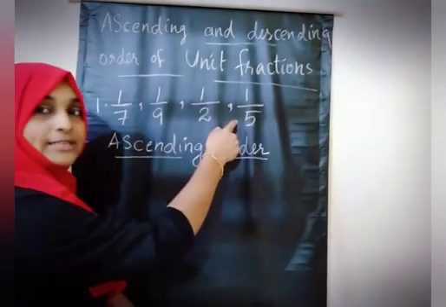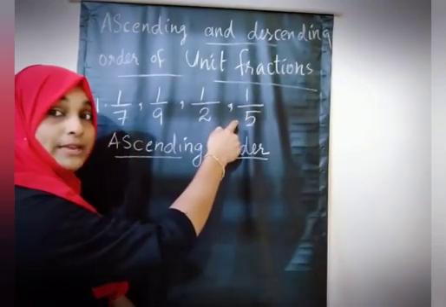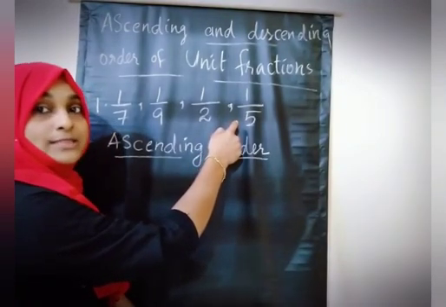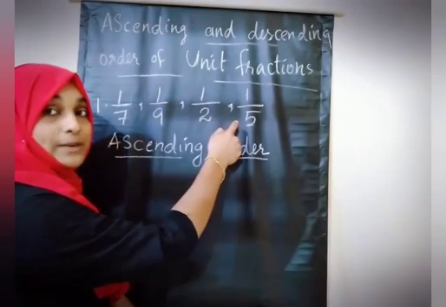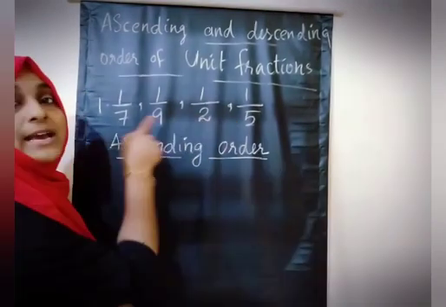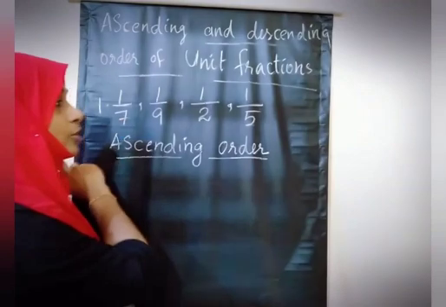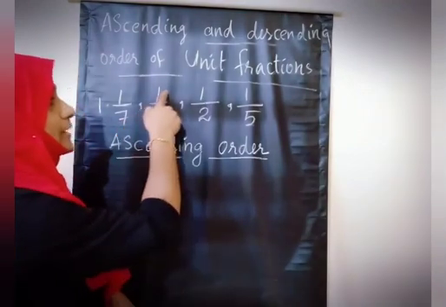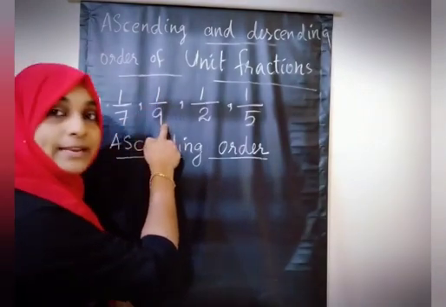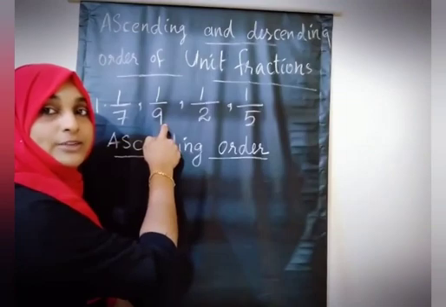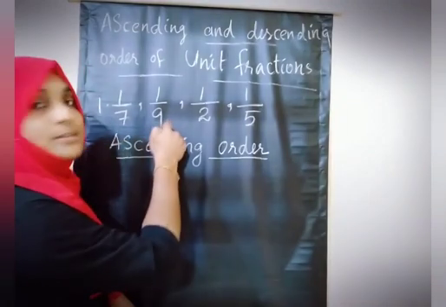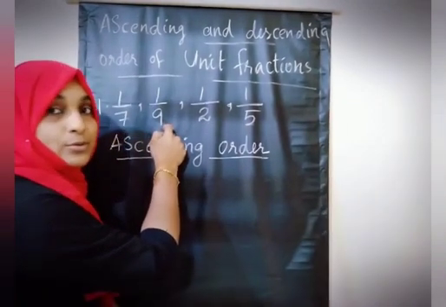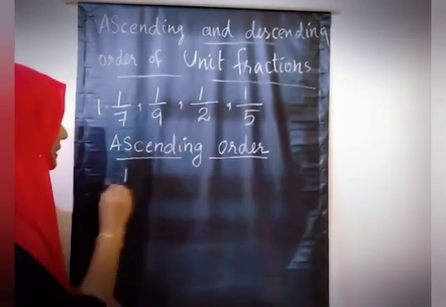The fraction which has the largest denominator is the smallest fraction. Please check which fraction has the largest denominator. Here the fraction 1 by 9 has the largest denominator. So this is the smallest fraction. So write 1 by 9 first.